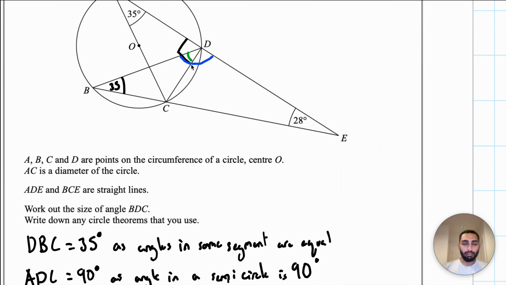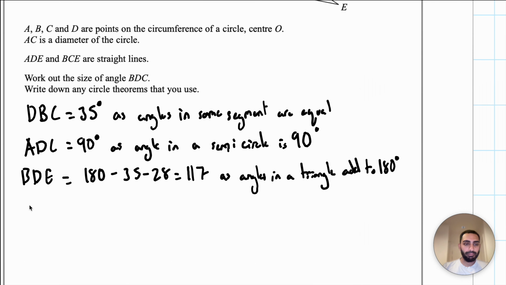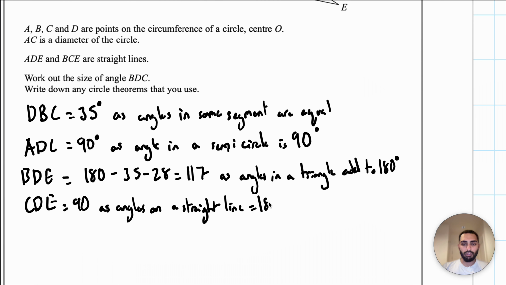Now I know that this blue angle is 117 degrees. I could also say that because that's a right angle and this is a straight line, this will also be 90 degrees. So I'll just write CDE equals 90 as angles on a straight line equal 180.